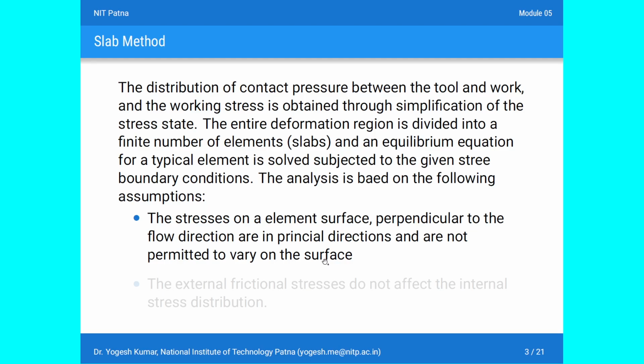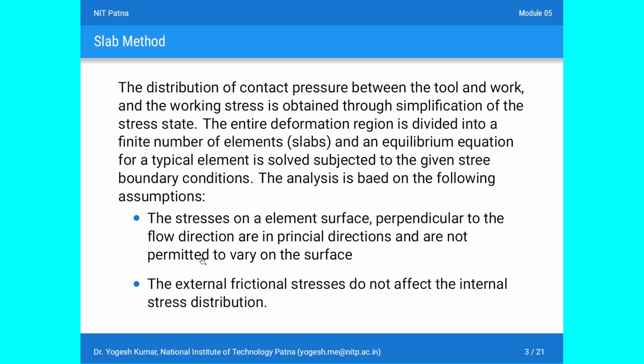So the stresses on your elemental surface, that is the slab under consideration, are in the principal direction, or you can say in the principal axis. Since this PPT has been typed by me, some words might have spelling errors, and they would be corrected, like this is principal direction.